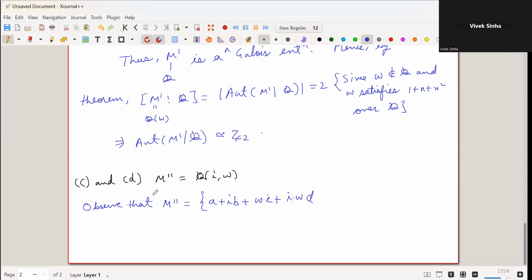That's it. Because i square is minus 1, and omega square is dependent because you have 1 plus omega plus omega square equal to 0. So this is the linearly independent set you will get, such that a, b, c, d are inside Q.